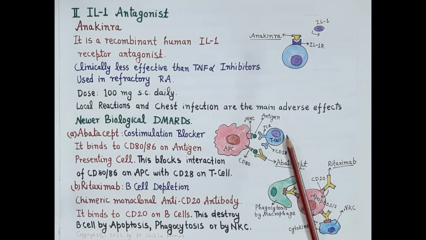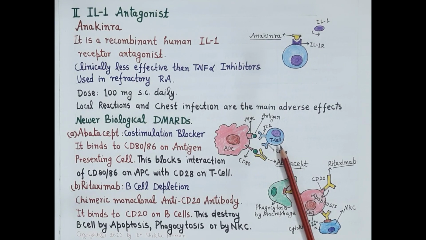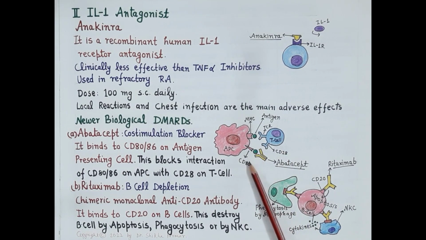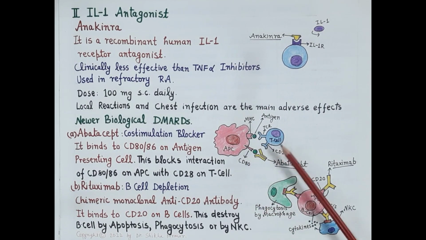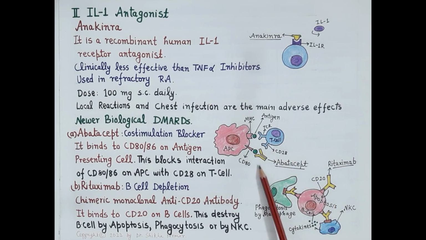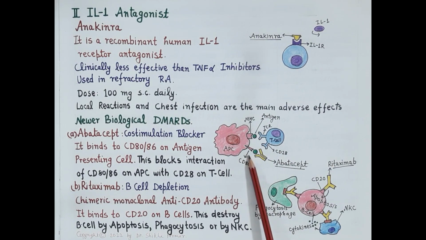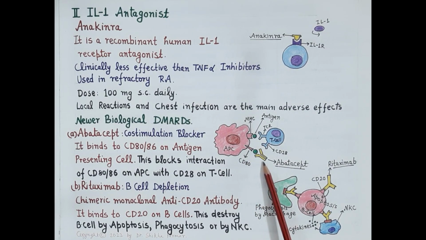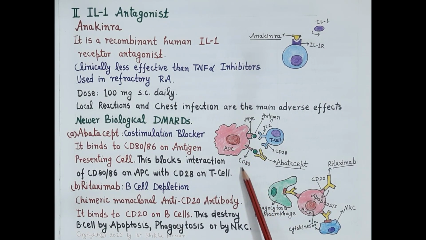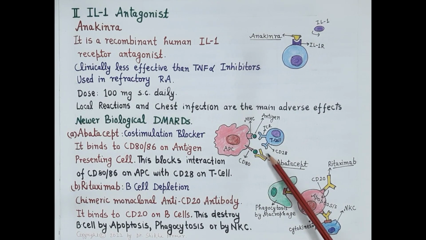Now, besides this, co-stimulation of T cells is mediated by the interaction of CD80 on the antigen presenting cell with CD28 on the T cells. Now, this is abatacept shown here in the yellow color. Abatacept binds to CD80 on the antigen presenting cell. So, abatacept blocks the interaction of CD80 with CD28 on the T cells.